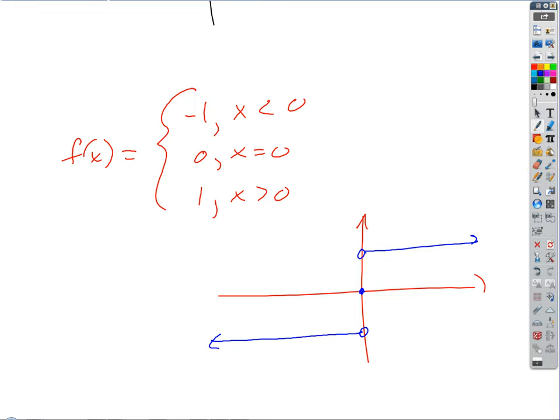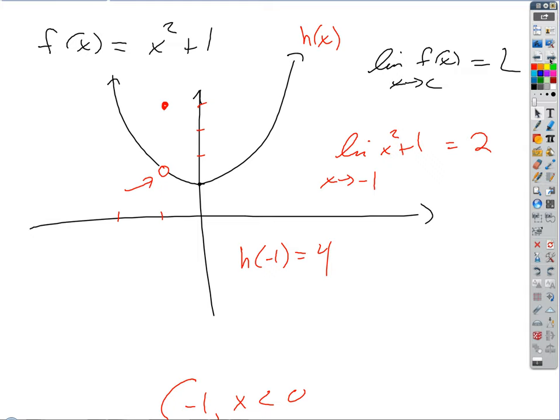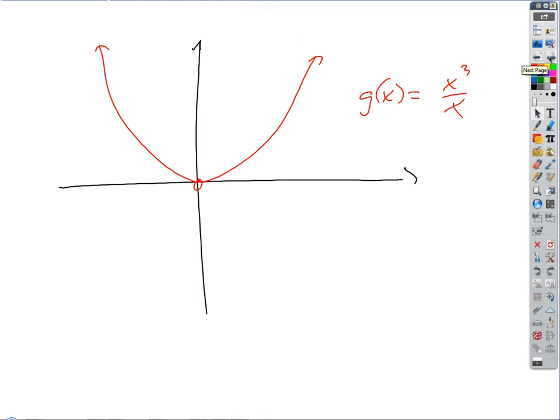All right, so try another one for me. Without a graph, see if you can find the limit of this function.